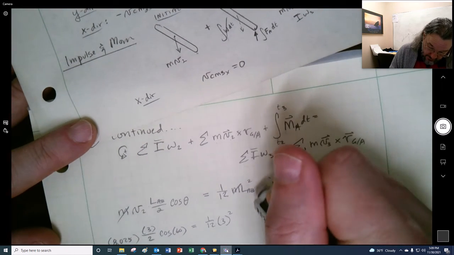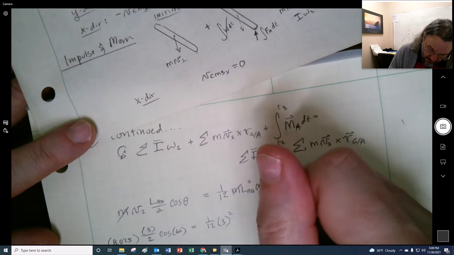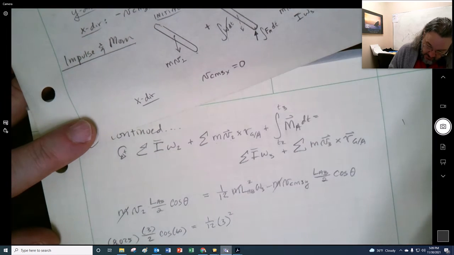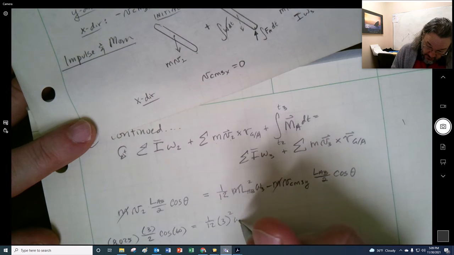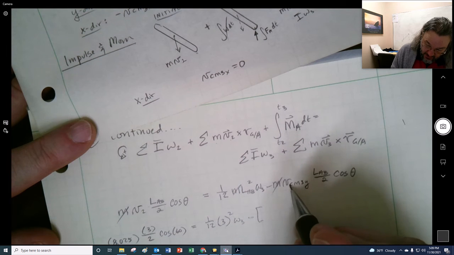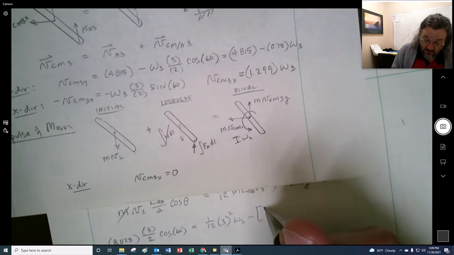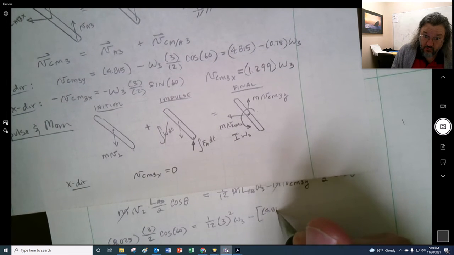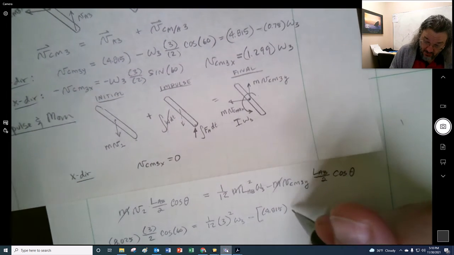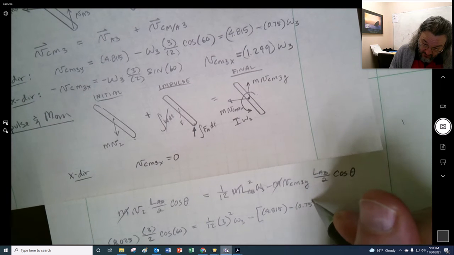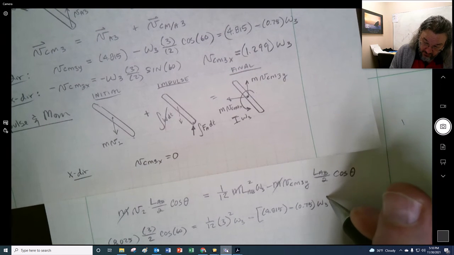Omega 3. There's a minus right there. There's omega 3. All right. Now minus, but we've got this guy over here. We already have him as our 4.815 minus 0.75 omega 3.